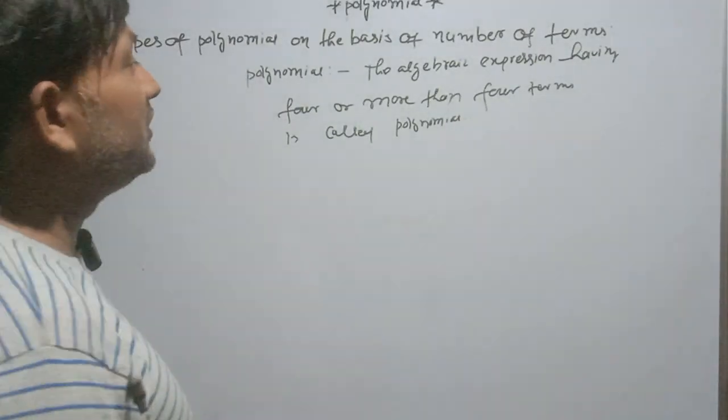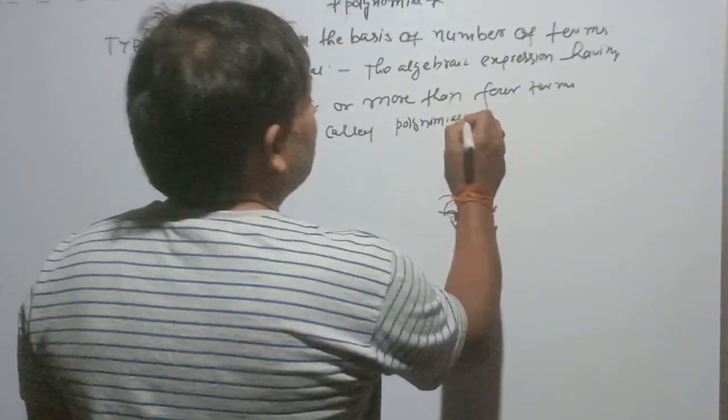When having four or more than four terms, it is called a polynomial.